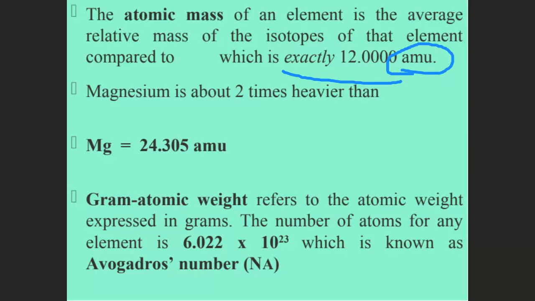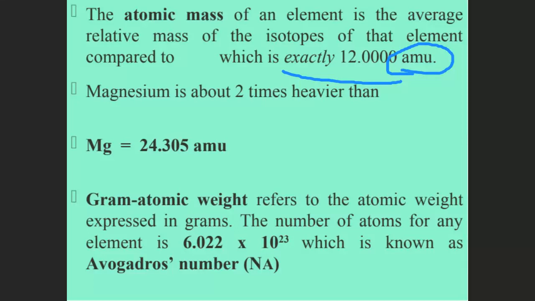Here we go. Magnesium is 12, 24. So that means if we compare with carbon, this is 2 times heavier than carbon, correct? This is the way we initially found the atomic mass compared to carbon.